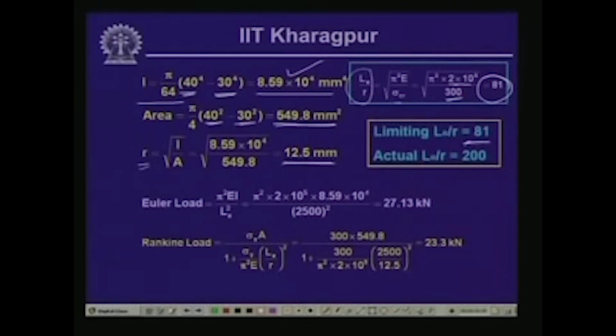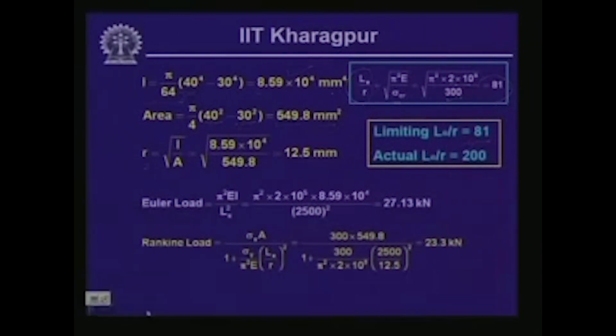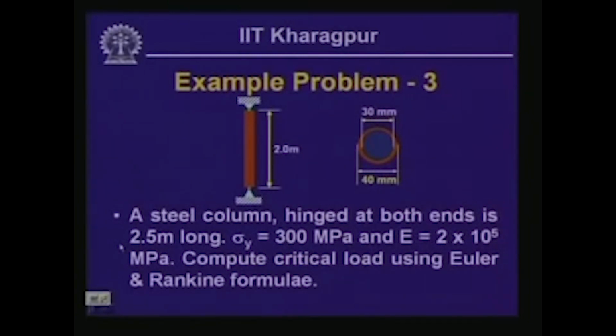So, this is the limiting value of the slenderness ratio L E by R, and what is the actual L E by R in this particular case? Now, the length of the member given over here is 2 meter.